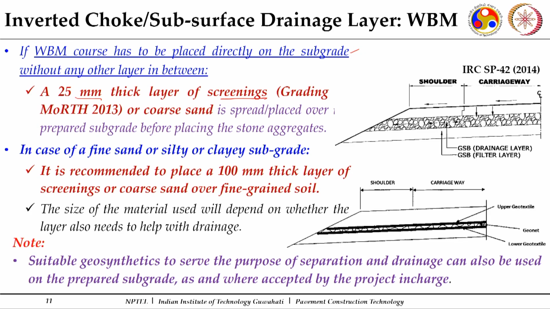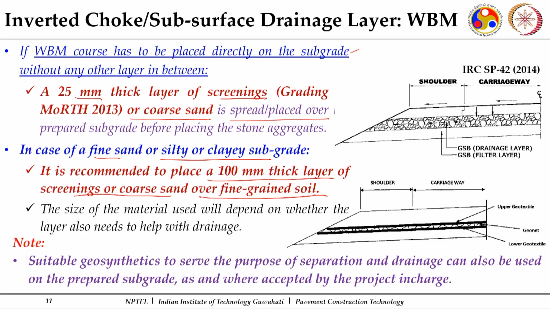This is the screening grading B of waterborne macadam itself as specified in MORTH 2013, or any coarse sand, laid to a thickness of around 25 mm between the subgrade and the WBM as a separation layer. If the soil is silty, specifically fine sand, silty or clay subgrade soils, or the subgrade is constructed using these kinds of soils, it even recommends a 100 mm thick layer of screenings or coarse sand over the fine grained soil.